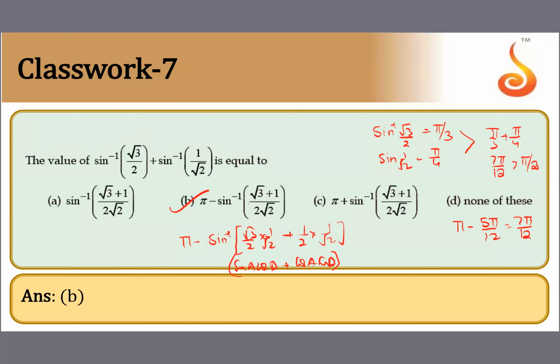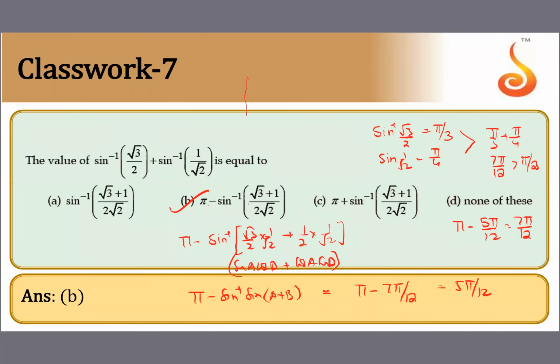Because it is going beyond pi by 2. So you have to bring it into the principal angle, because sine of pi minus theta and sine theta are both the same. So the answer will be pi minus sine inverse of root 3 plus 1 by 2 root 2, that is pi minus sine inverse of sine of A plus B. So this will equal pi minus 7 pi by 12. A plus B is 7 pi by 12, which will give you 5 pi by 12.